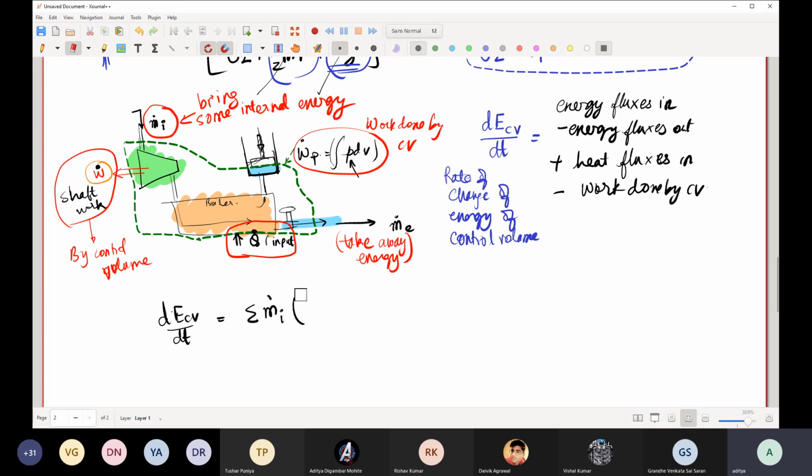So I can write down summation of m dot_i e_i minus summation of m dot_e e_e plus Q dot minus W dot. Okay, is that clear? We have done nothing but written down the mathematical form of whatever we have written in words. Is it fine so far?